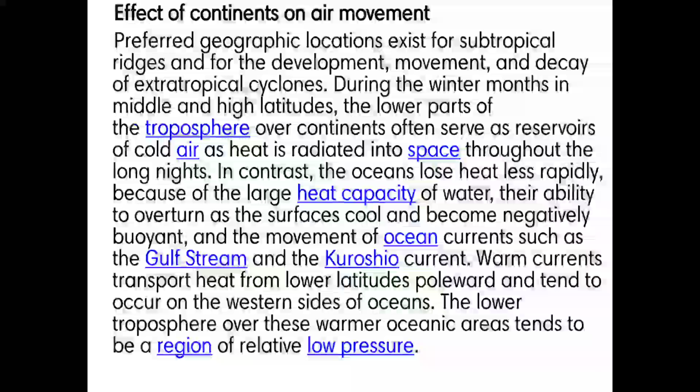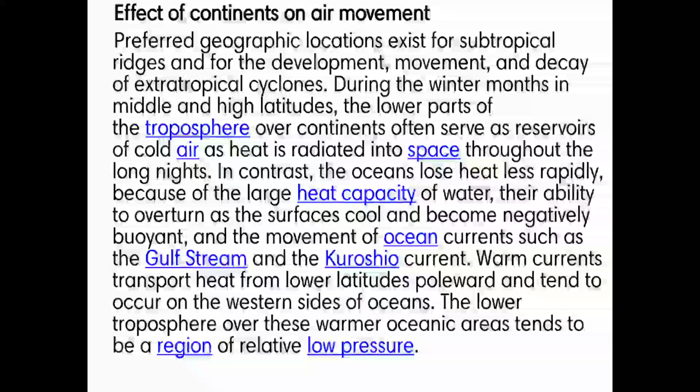In contrast, the ocean loses heat less rapidly because of the large heat capacity of water, its ability to overturn as the surface cools and becomes negatively buoyant, and the movement of ocean currents such as the Gulf Stream and the Kuroshio current. Warm currents transport heat from lower latitudes poleward and tend to occur on the western side of the ocean.